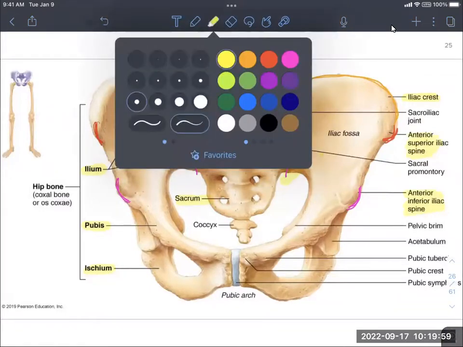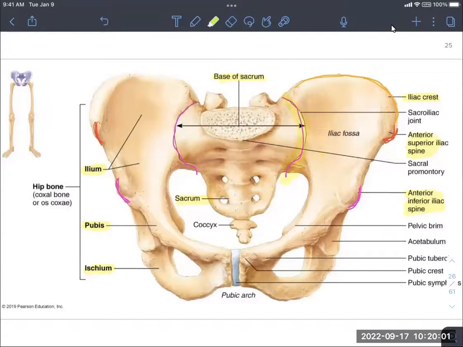We also have that acetabulum. This through here is what connects. This is where the head of the femur sits in that pelvic bone.